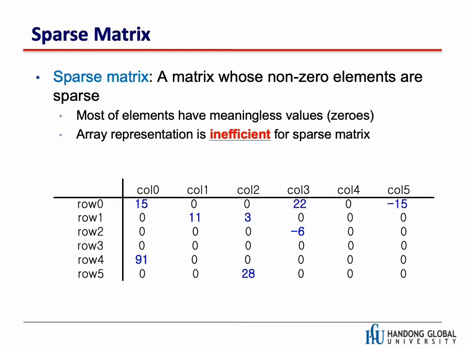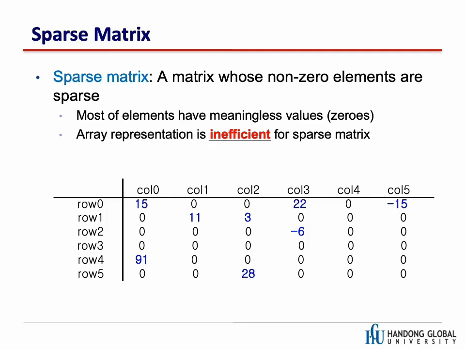If it is million by million and we use a 2D array to represent this matrix, then our memory space is not enough. So we cannot implement a recommendation system for Amazon.com with our computer, because our computer doesn't have enough memory space.